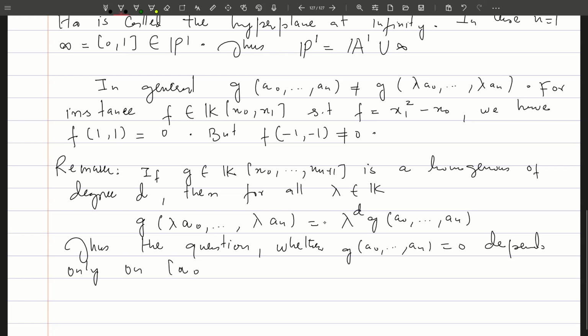So this is trivial to verify. So now we have this definition.